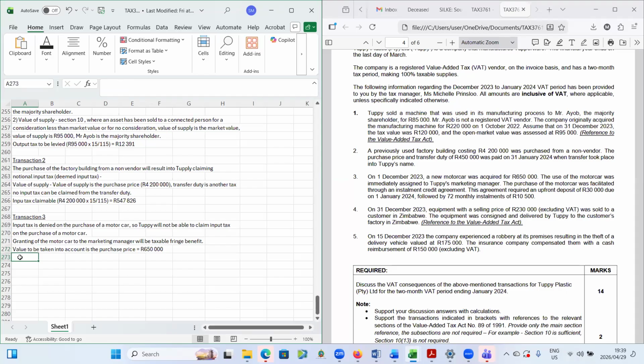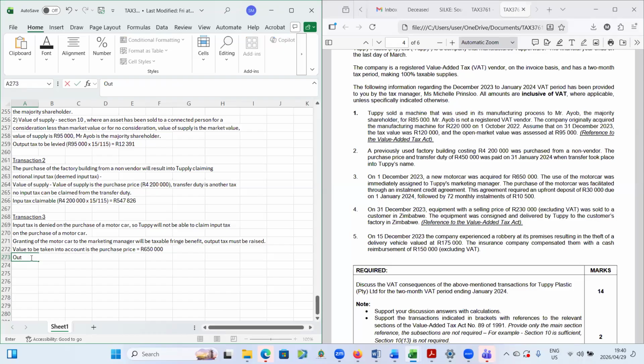Then what is the value of the fringe benefit? It's a taxable fringe benefit. Output tax must be raised. Okay, let me try it. It could be 650 multiplied by 100 over 115.